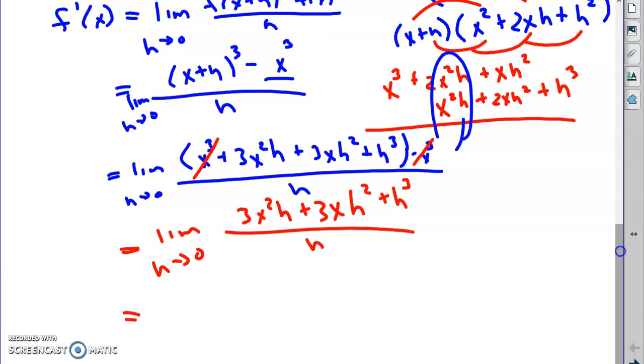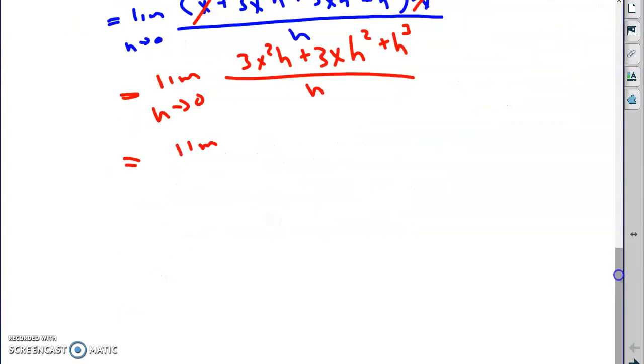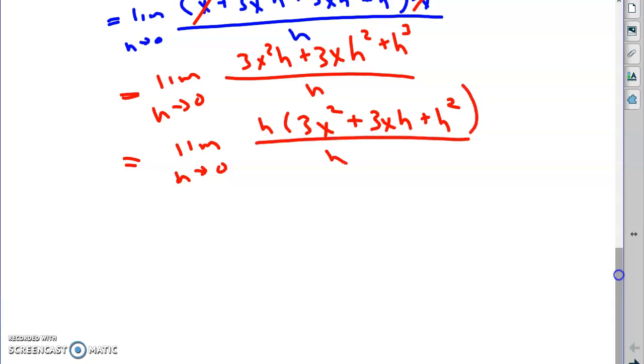Still can't plug the 0 in for h because of the h denominator. We'll pull the h out, leaving us with 3x squared plus 3xh plus h squared all over h. We can now cross those out. We can now plug in. We still have to write it, showing all of these steps.